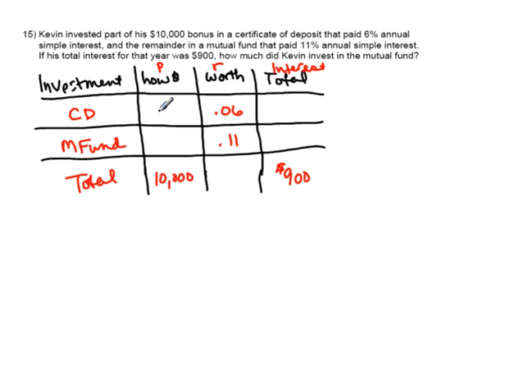So how much does he have? Well, we'll say x is the amount for CDs, and that makes 10,000 minus x the amount for the mutual fund. Okay, because this was the total amount. If you take out how much he invested in the CDs, that leaves you 10,000 minus x.